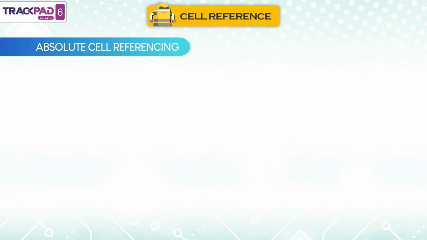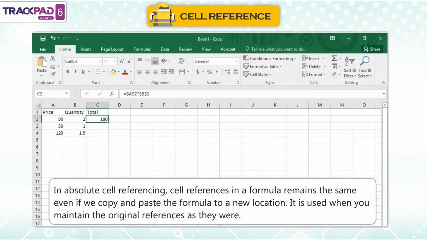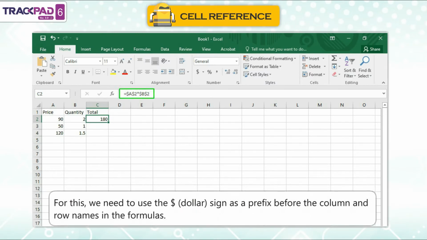Absolute cell referencing. In absolute cell referencing, cell references in a formula remain the same even if we copy and paste the formula to a new location. It is used when you want to maintain the original references. For this, we need to use the $ sign as a prefix before the column and row names in the formulas.